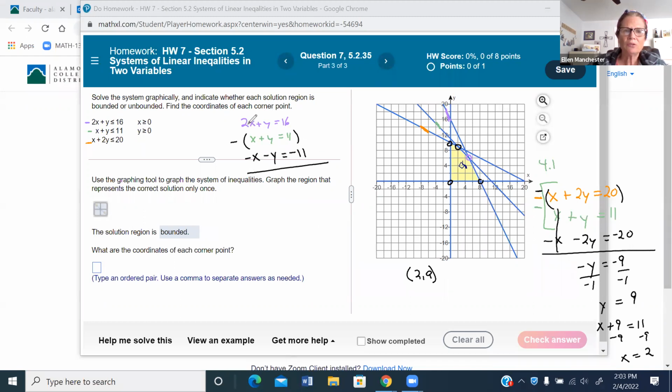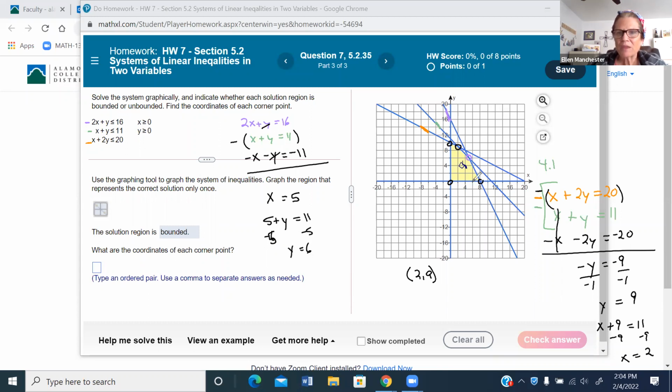When I add these two, 2x minus x is x. The y's cancel, and 16 minus 11 is 5. So I have x equals 5. Let's look, does it match? Here's 4, here's 6. The x value is right in between, so we know we did it correctly. Now I'm going to plug it back in. I have 5 plus y equals 11, so y equals 6.